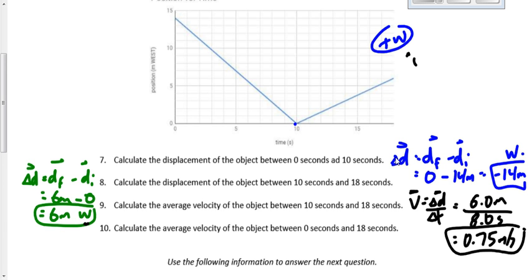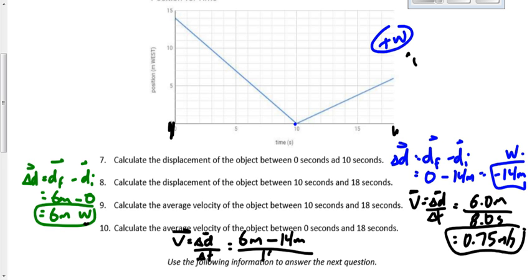And finally, the average velocity between 0 and 18 seconds. Here's where I could not use the slope, right? Because between 0 and 18, I got 2 different lines. But I can still use v equals delta d over delta t. That always works. My displacement between 0 and 18 is my final position, which is 6 meters, minus my initial position, which is 14 meters, divided by my time interval, which is 18.